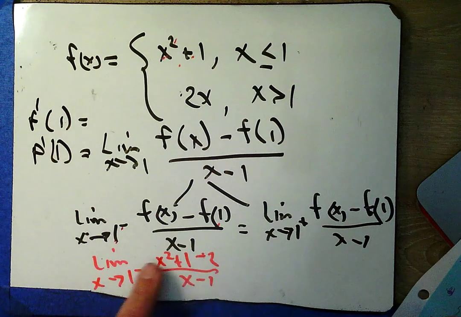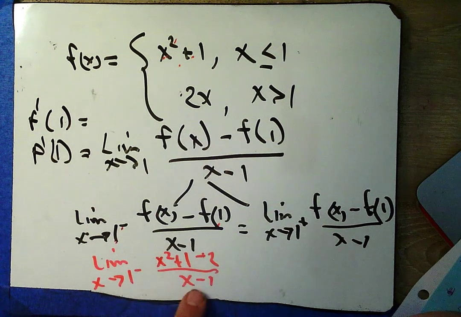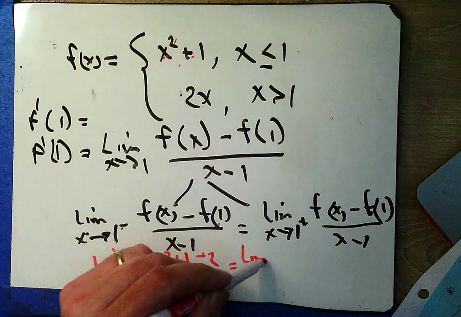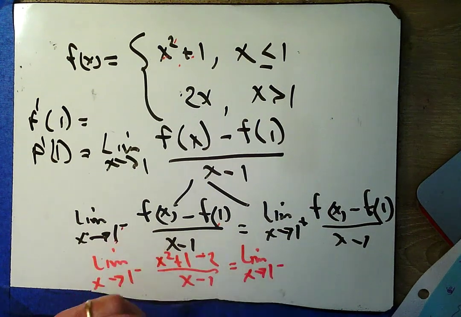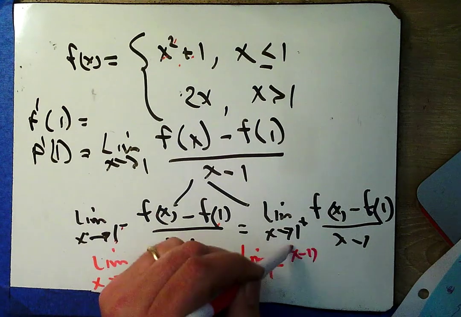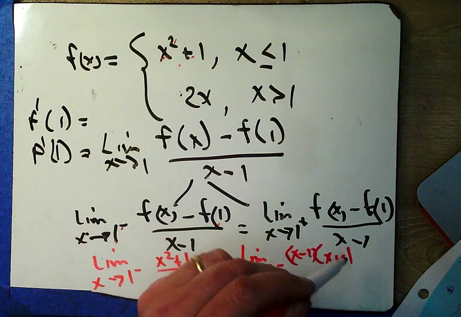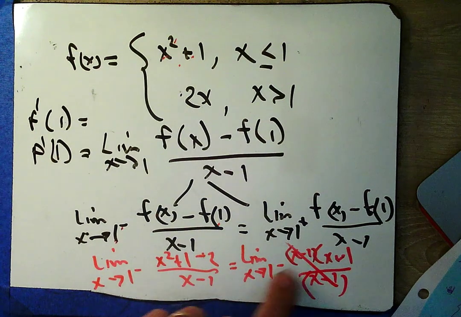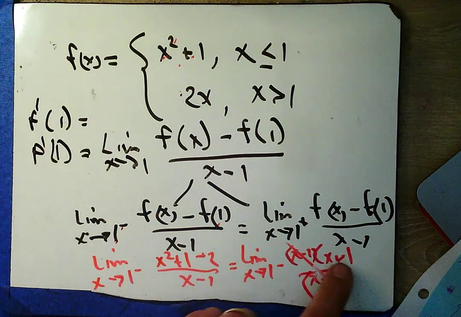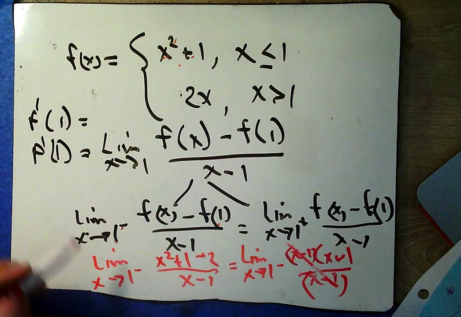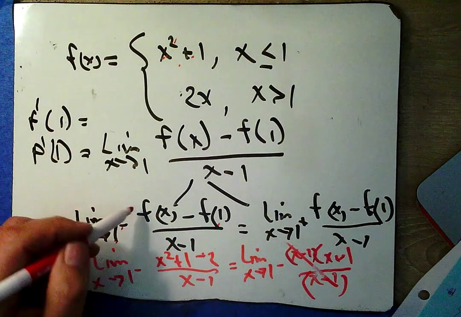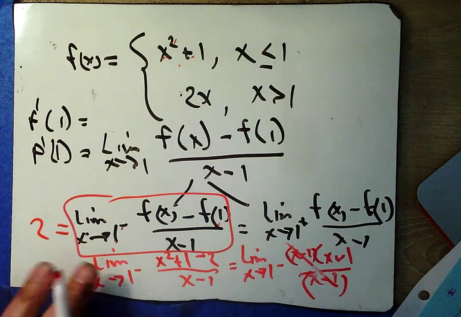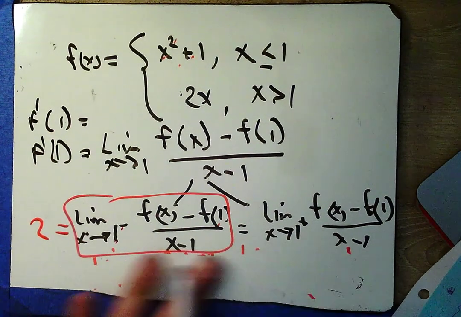Now, here I'm going to have x squared minus 1 over x minus 1, and we know that that's the limit as x approaches 1 from the negative side of x minus 1 times x plus 1 all over x minus 1. These cancel. I can plug my 1 in, and I've got 1 plus 1, or 2. So we know that this limit equals 2. But what about the other side?